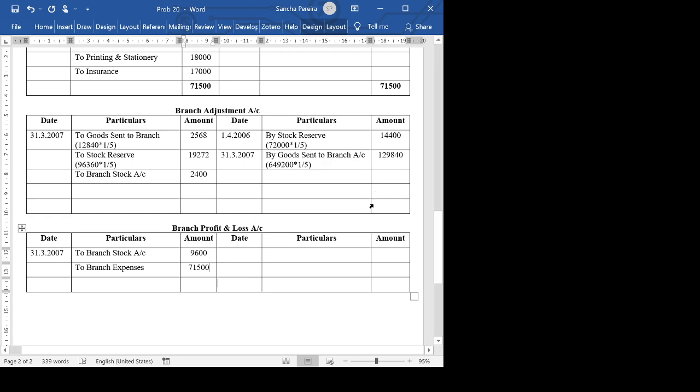Close the branch adjustment account. The balancing figure here is either gross profit or gross loss. This is higher, so we have a gross profit. 129,840 plus 14,400 comes to 144,240. Since this is coming to the branch P&L account, in brackets I will show it as gross profit.